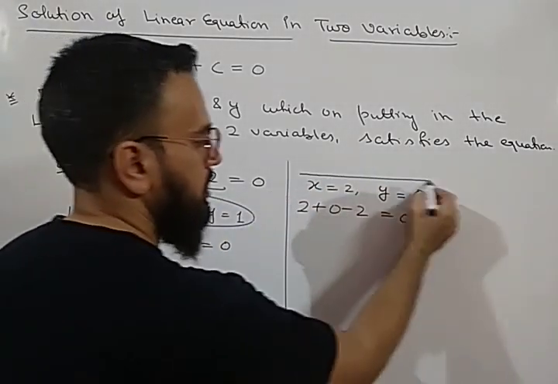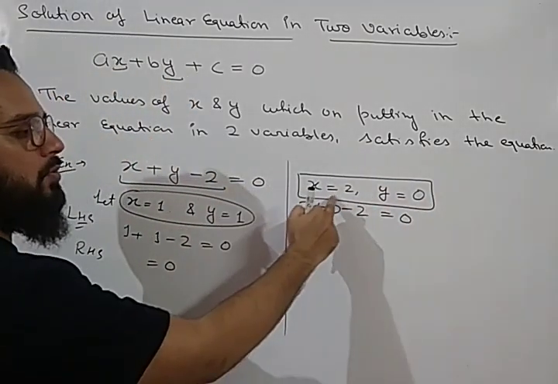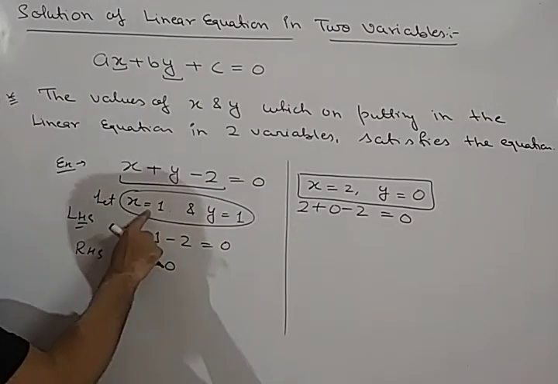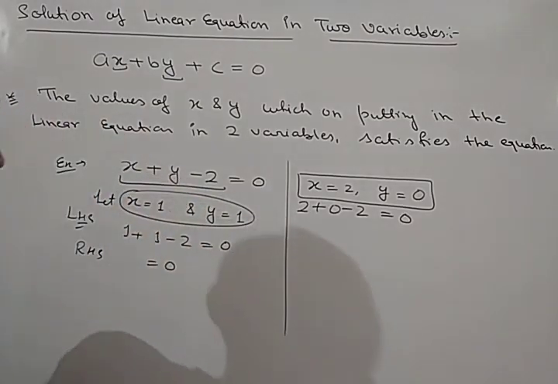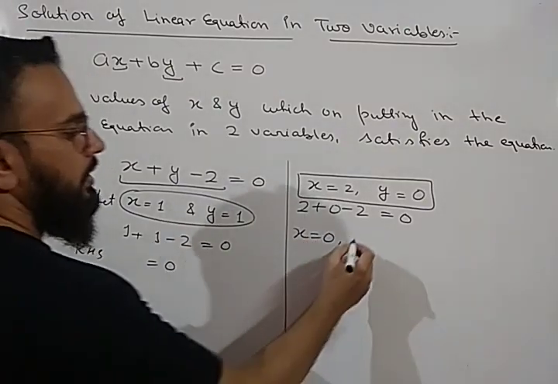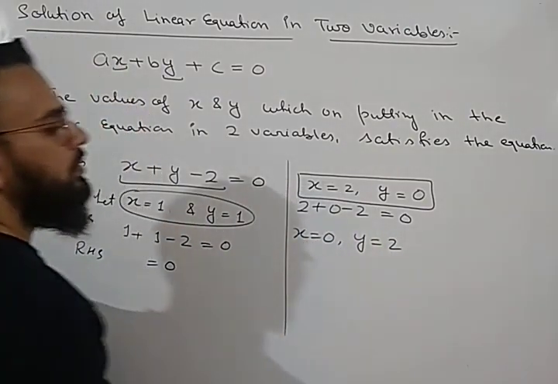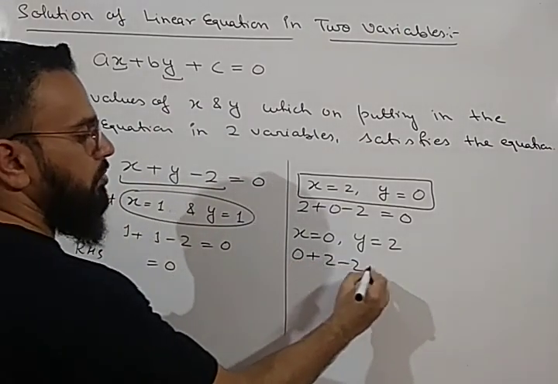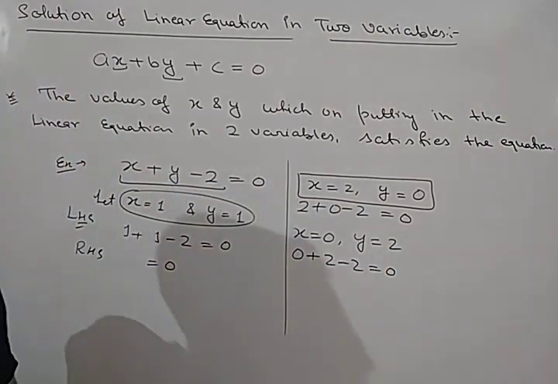So x equal to 2 and y equal to 0 is also a solution of this equation. x equal to 1, y equal to 1 is also a solution. Similarly, if we put x equal to 0 and y is equal to 2, then also it will be satisfied: 0 plus 2 minus 2 is equal to 0.